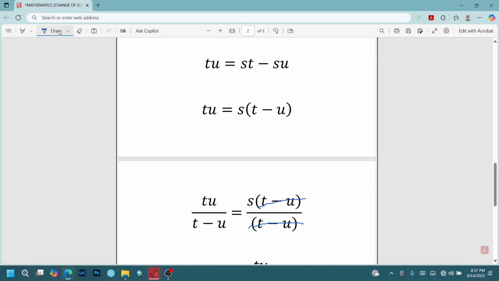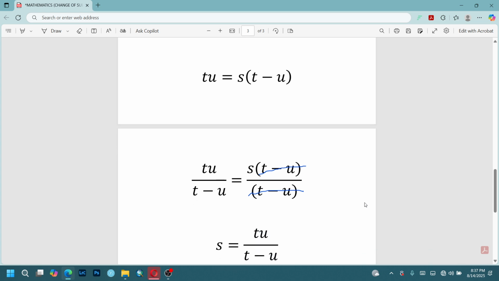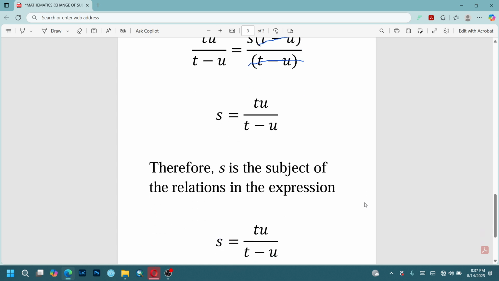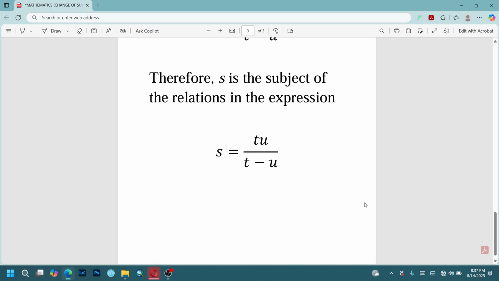So we are going to have s equals TU over t minus u, and that would be our final answer. Therefore, s is the subject of the relation in the expression as s equals the fraction TU over t minus u.